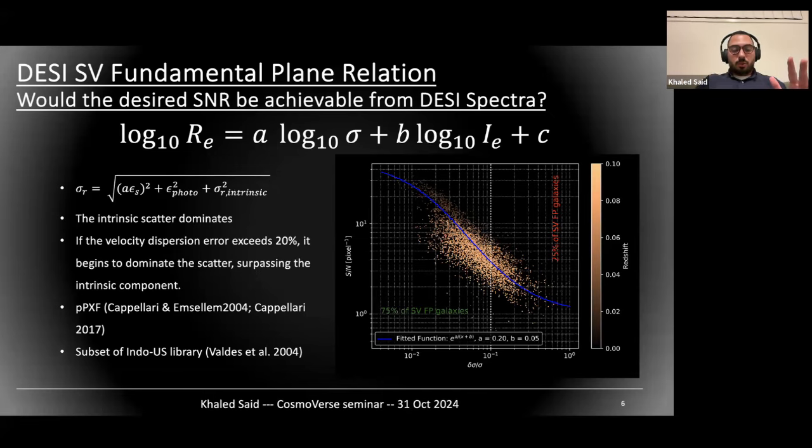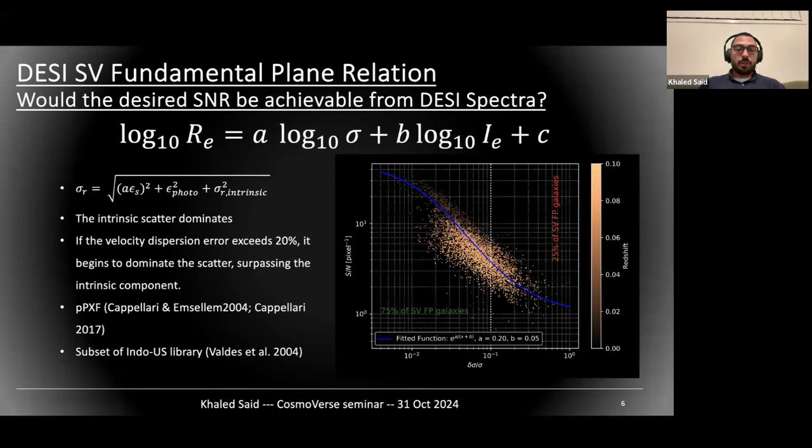Now, the fundamental plane has an intrinsic scatter of 20% already in distance, so we don't want to increase this anymore. But if your error in the velocity dispersion exceeds 20%, it will start to dominate your error.